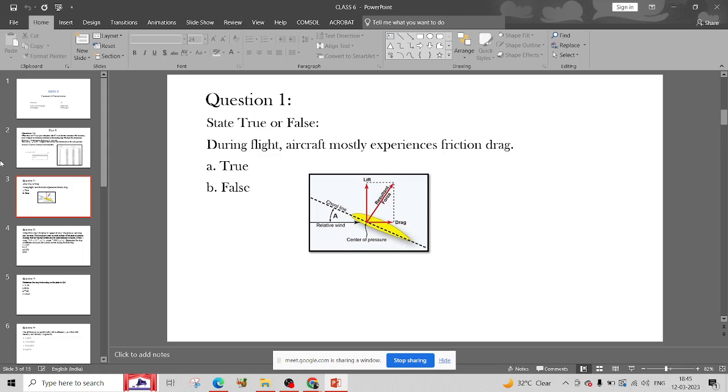Then, if there is a sphere, there will be slightly smaller eddies. And if there is a teardrop shape, as we can see in an airplane, it will be like this. And this is the smallest wake.